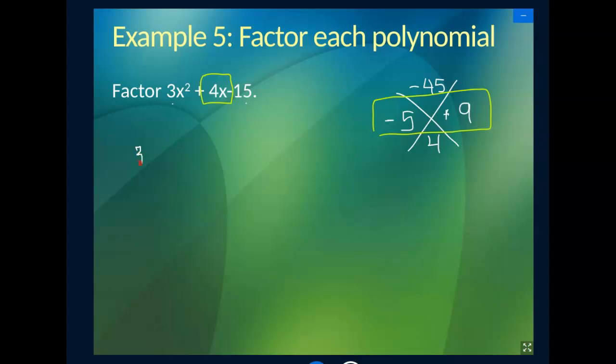So you get 3x squared minus 5x plus 9x minus 15. Because again, all we did was replace the 4x with this. Is negative 5x plus 9x positive 4x? So mathematically, have I broken any laws? Is the line I have now the same as the line above it? Yes.